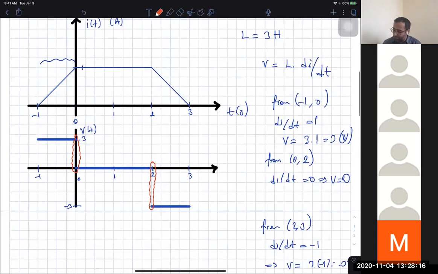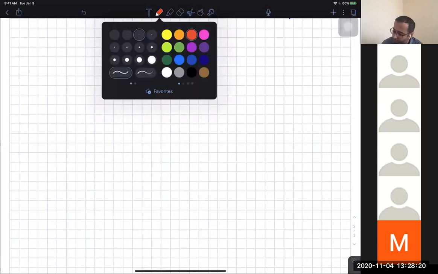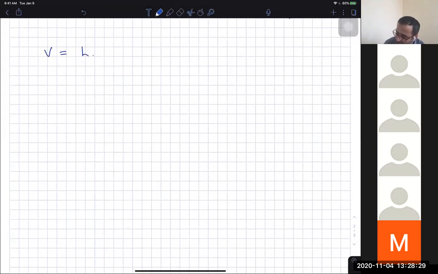Okay, so let's continue from this topic. Up to now, we wrote this beautiful relationship. We said the voltage current relationship is V equals L times di over dt, right? But if you look at this equation, it assumes that we have the current, so we can take its derivative, multiply with inductance, and calculate the voltage.